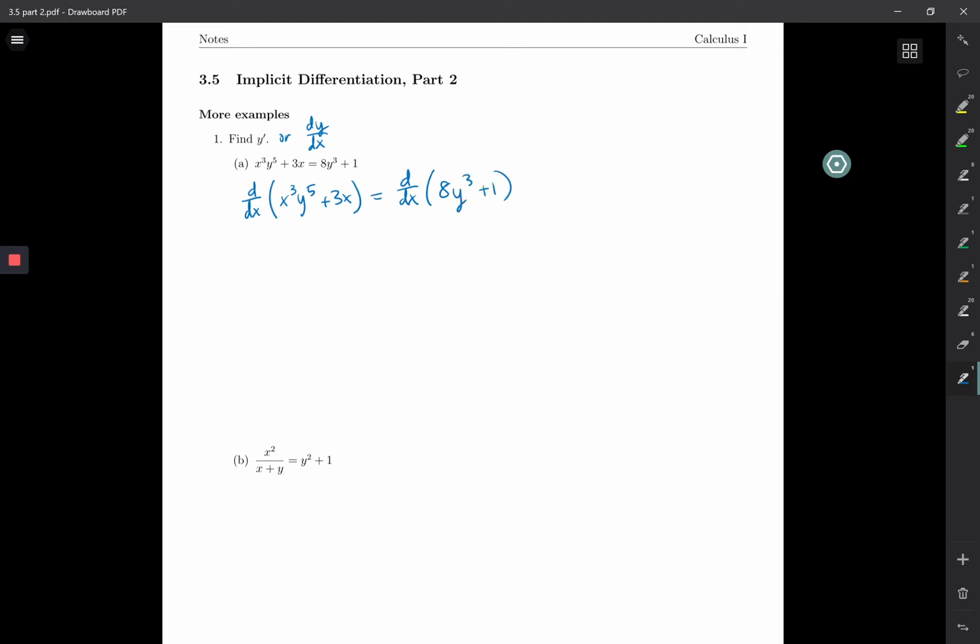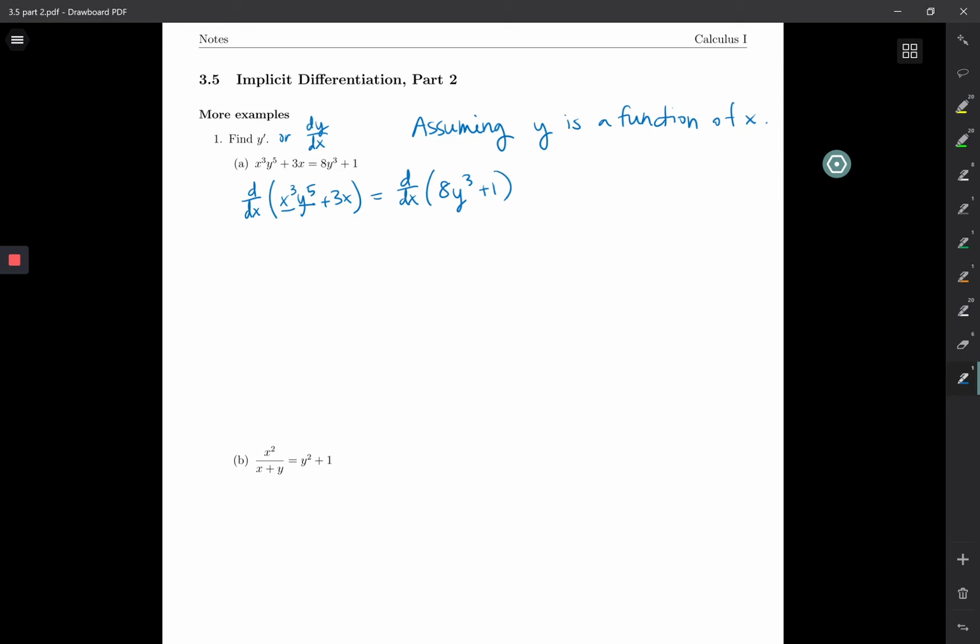Okay, now just looking at the left-hand side, what we have first is x cubed times y to the fifth. And since x cubed is a function of x, and also y to the fifth is a function of x because y is a function of x. So remember, we're always assuming y is a function of x.